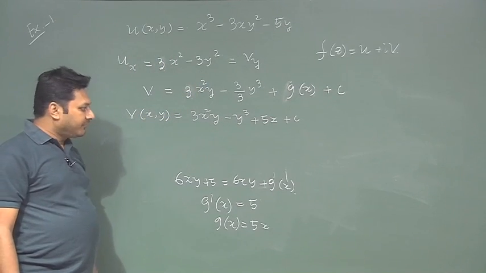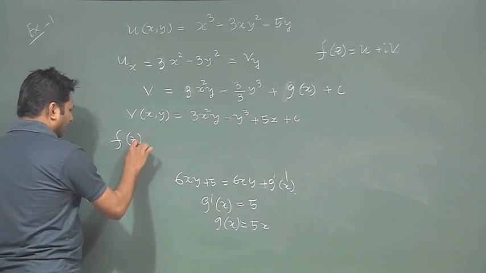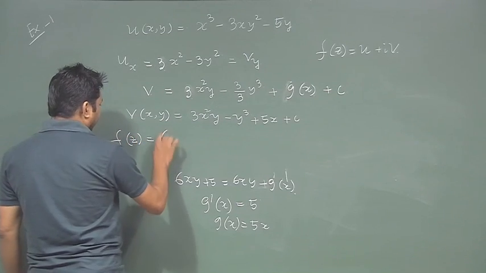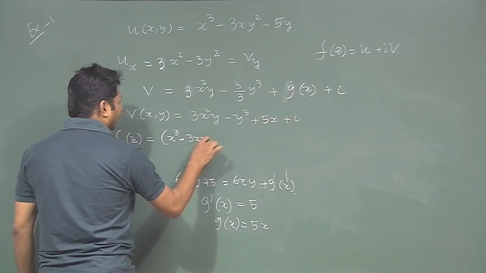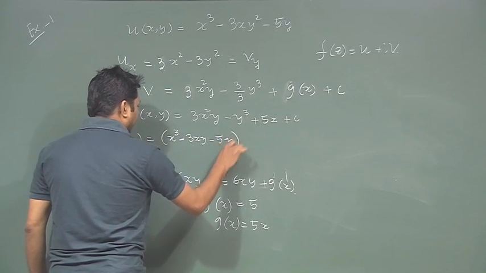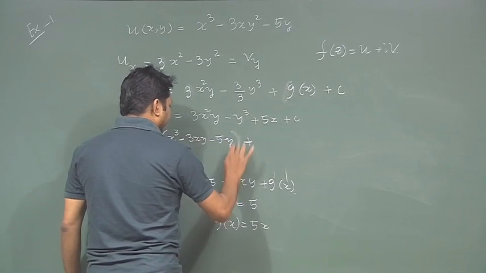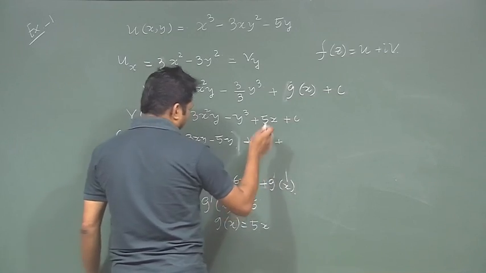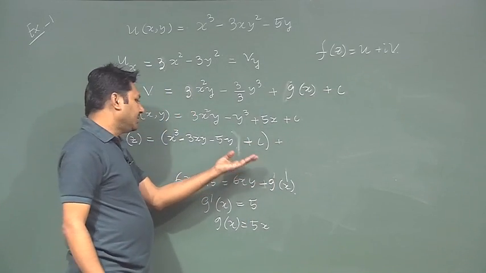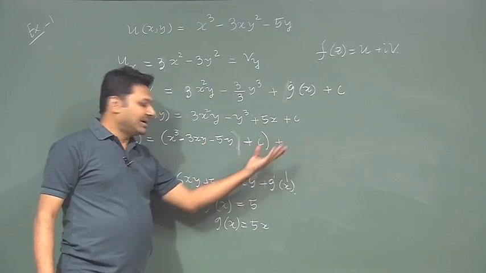So, the entire function which is analytic for the given u should be something like x cube minus 3xy squared minus 5y plus, say I can put this c here, where c is a constant. You can put this in the real part or in the imaginary part, that does not matter.